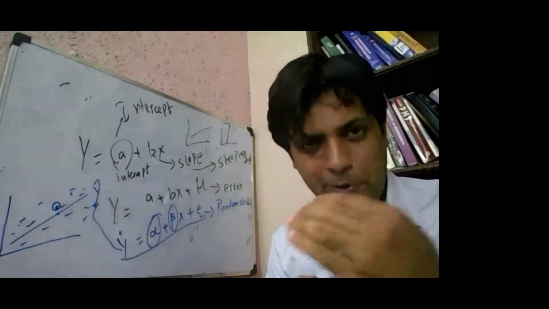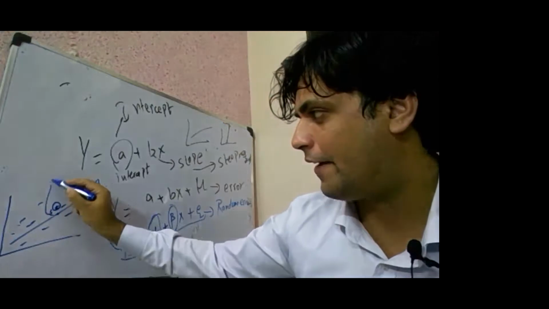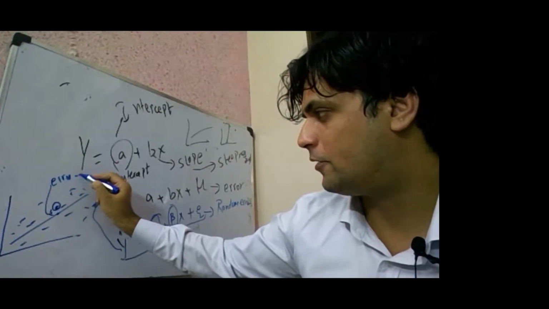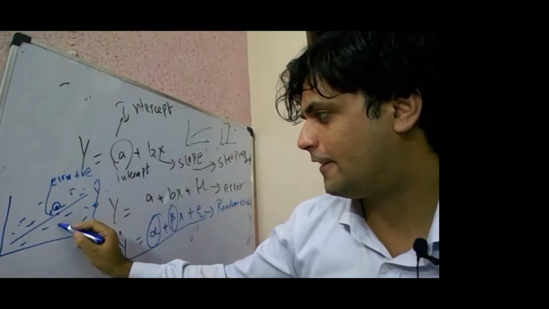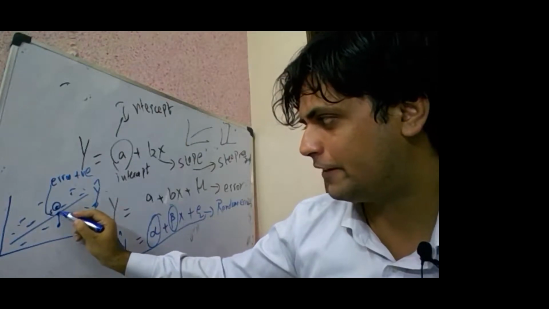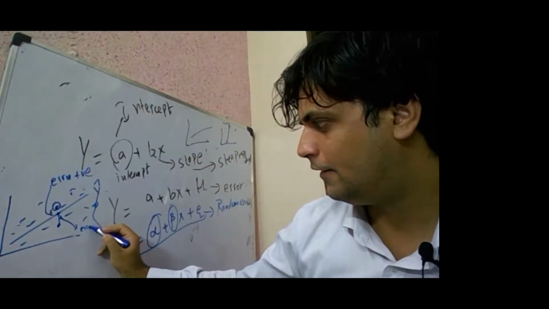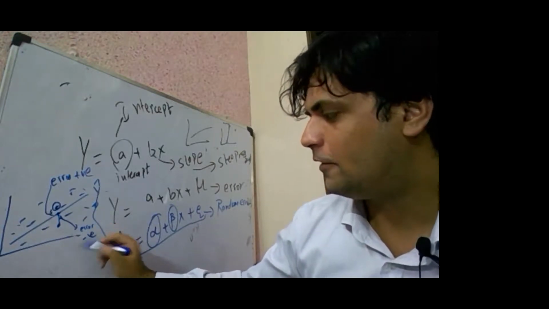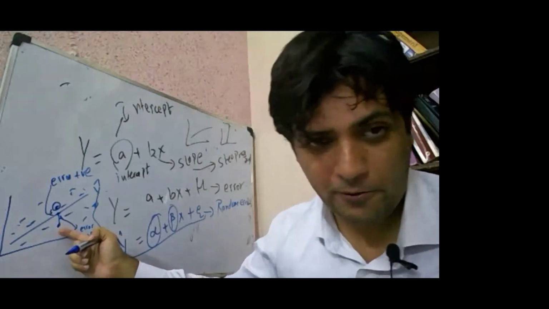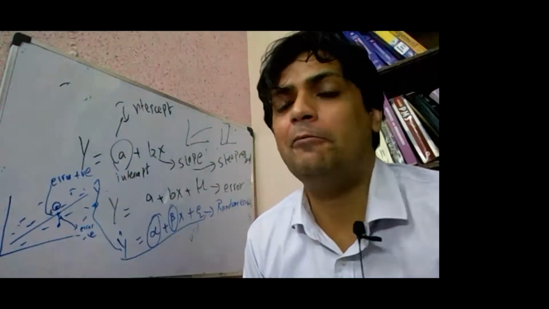So our predicted value is less than the original value, which means the error is positive. Similarly, if the original is lower than what we predicted, there is also an error, and it is negative.